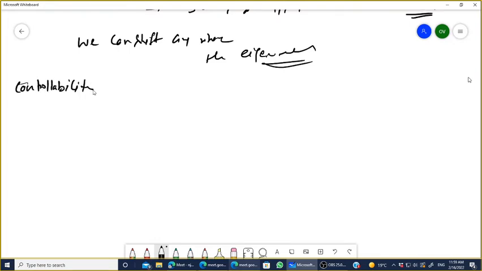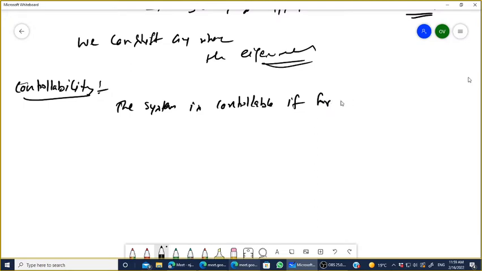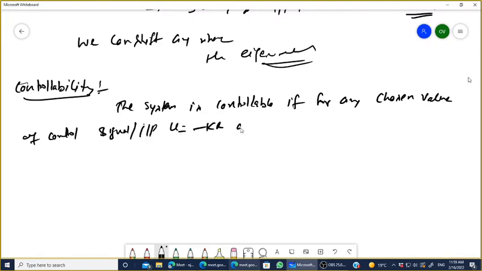So now another formal definition of controllability we may define like this: the system is controllable if for any chosen value of control signal or input u is equal to minus kx.